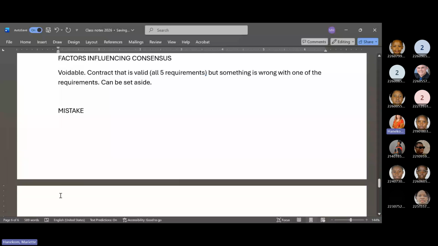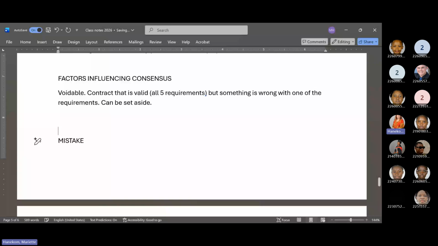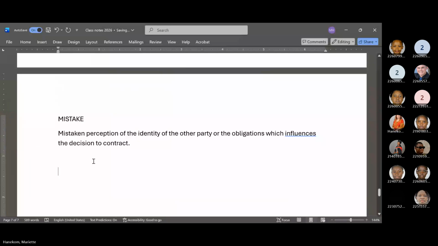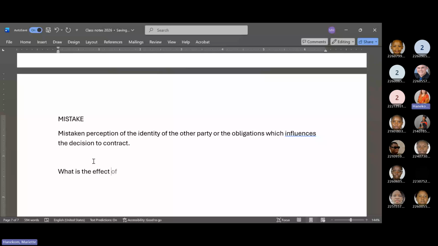Now, because you're smart, the question is, what is the effect of mistake on a contract? If you've been listening to me, you would be able to answer this very quickly.